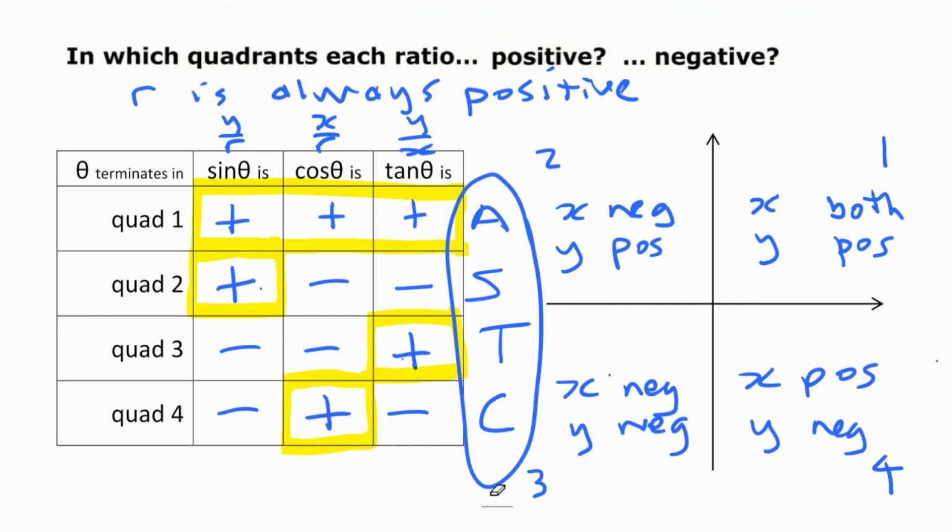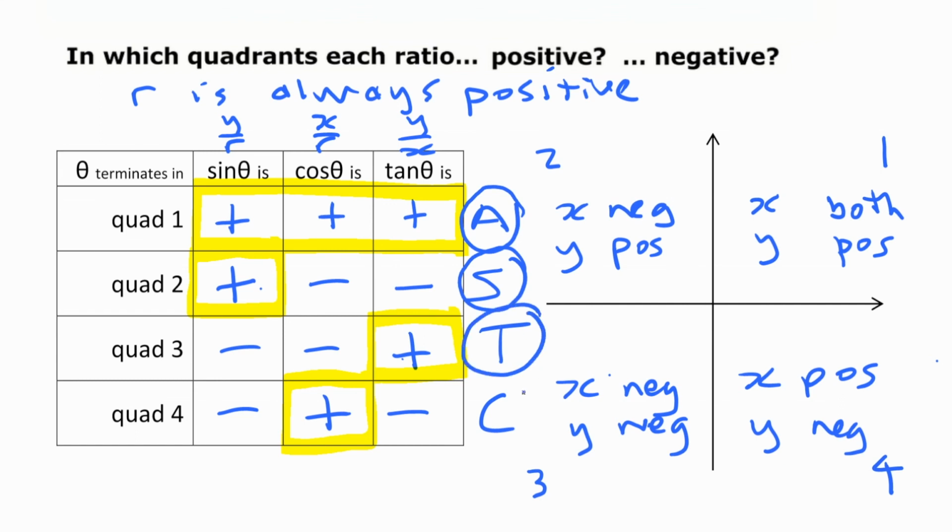Some people even make up a little sentence to remember those letters. The most common one you hear is, all students take classes, because usually that's the definition of what a student is. You can decide to remember it however you want.